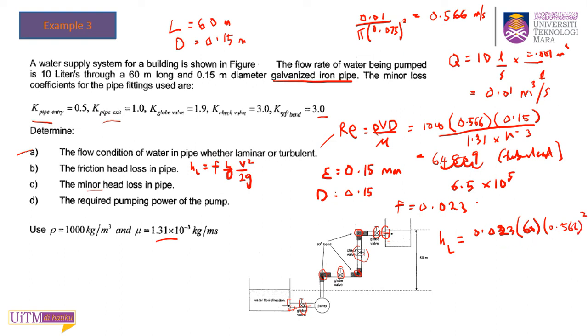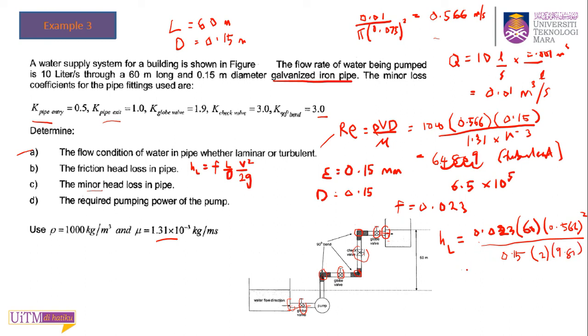Because this pipe is a constant diameter, there is no smaller or bigger pipe, you can just use the velocity here. If there are two different pipes, you need to find one by one. Because this example has only one constant cross-sectional area, you can just use the velocity here. So velocity squared over D, the diameter 0.15, times 2 times g, 9.81.